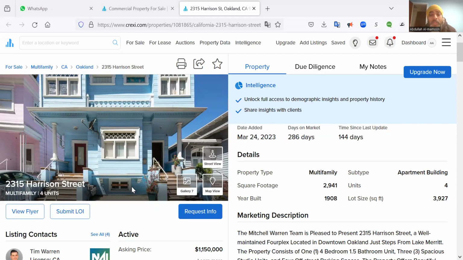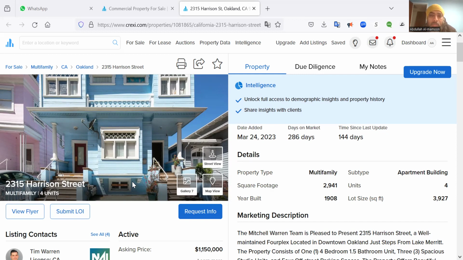A lot of investors will say we're looking for a property that has good cash flow after expenses. You're getting a good monthly return, and you're getting the property for a very good discounted price, which you can make repairs, additions, and increase the value.